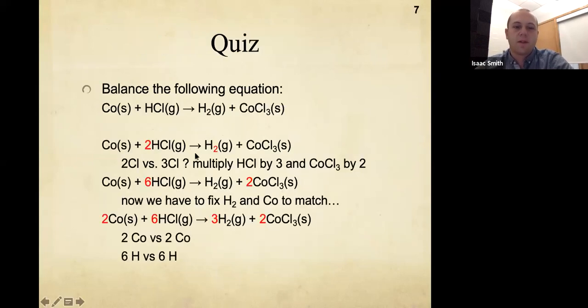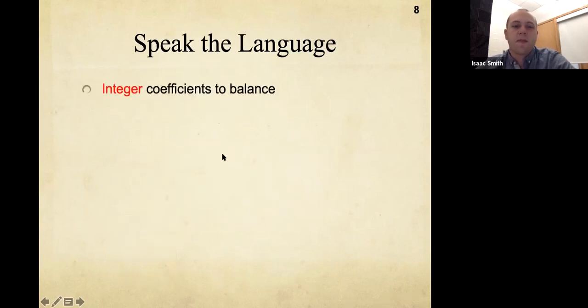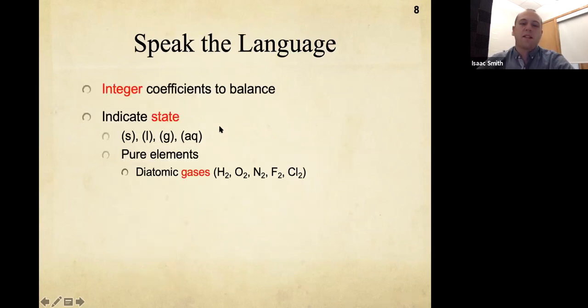So for example, if we go back to this one, cobalt is a solid, hydrochloric acid is a gas, hydrogen is a gas, cobalt chloride is a solid. These are all like at standard temperature and pressure. Okay, so anyway, basically, if you need to write out a chemical equation and include these, here are kind of the rules that should cover most everything.